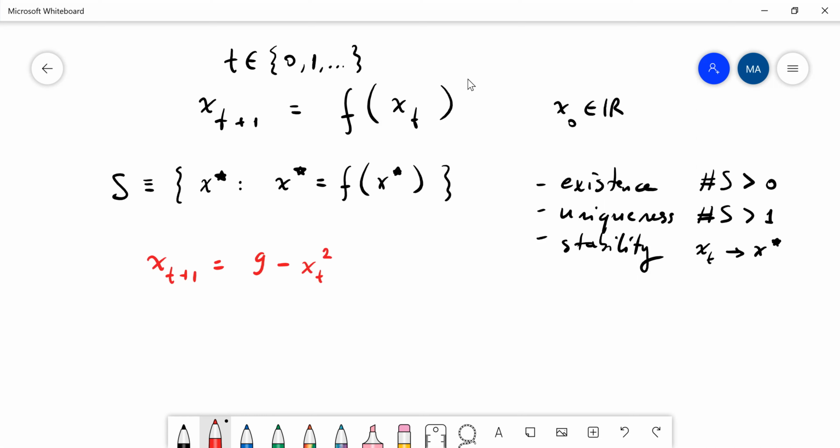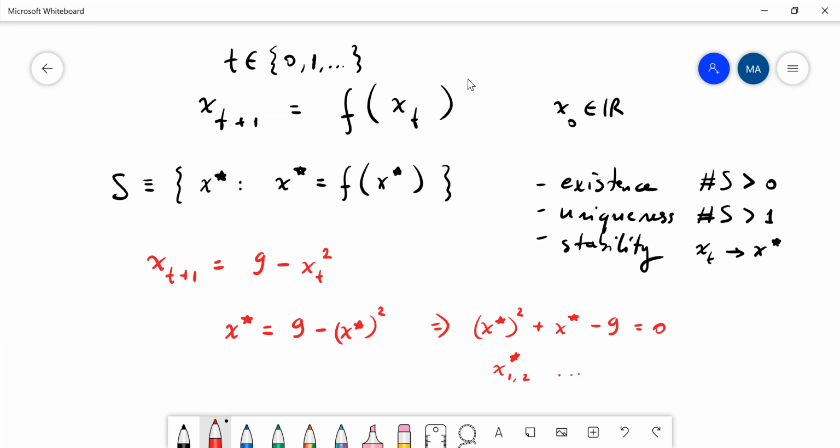To find the steady state, you are looking at some x star that satisfies this equation. From this you have x star squared plus x star minus 9 equals 0. This is a quadratic equation, and there are, of course, some solutions there, right? Then you can find such steady states. Okay.